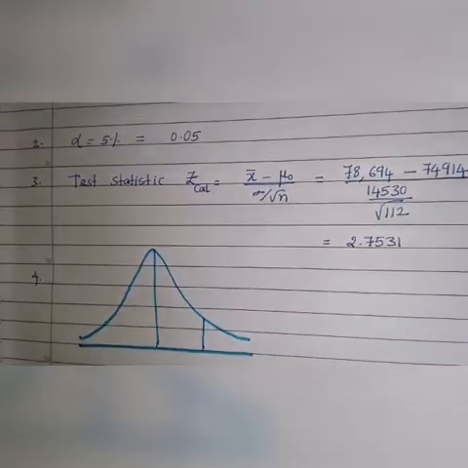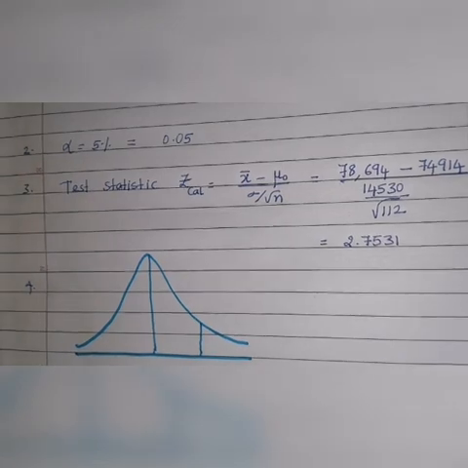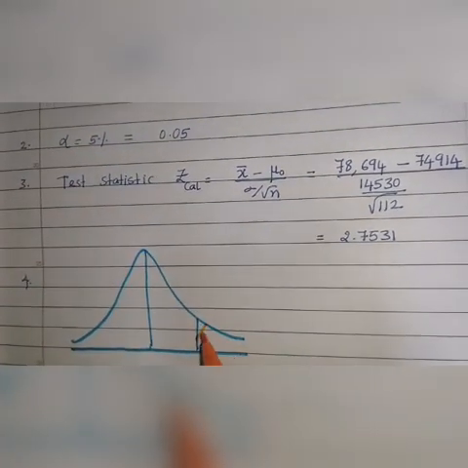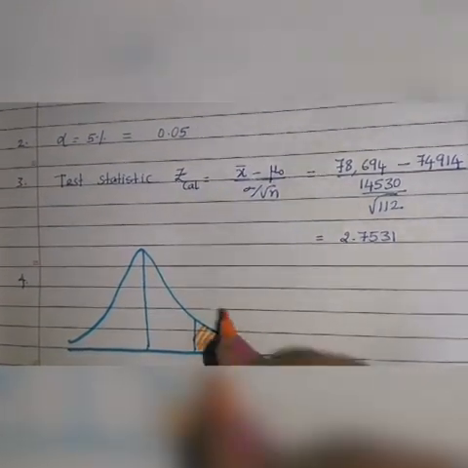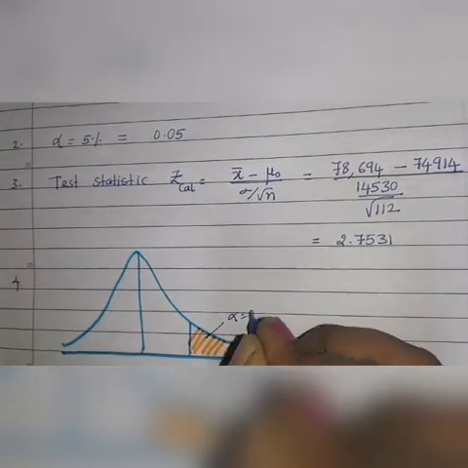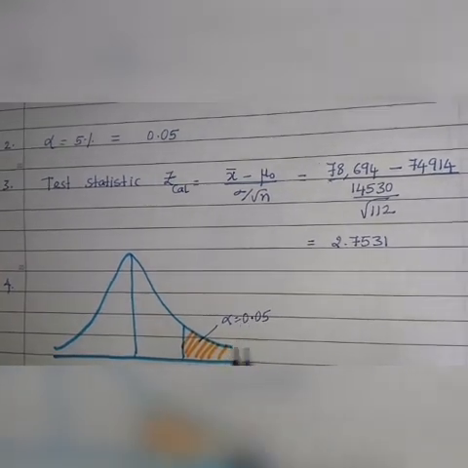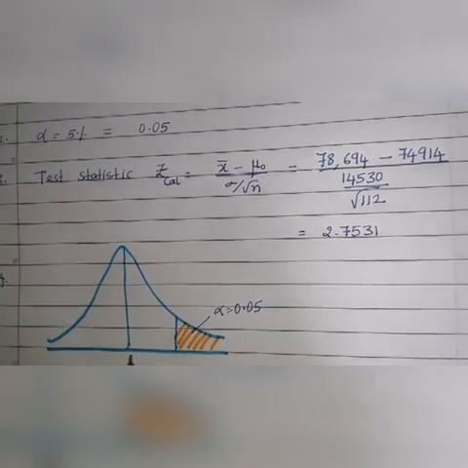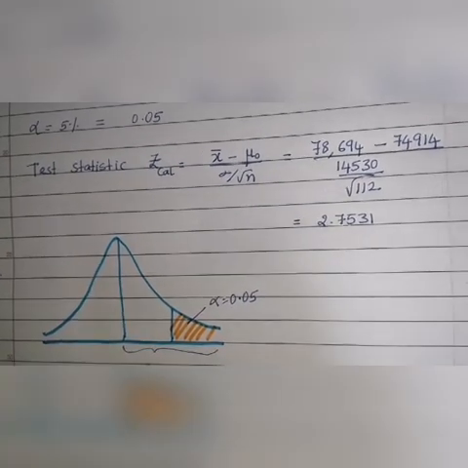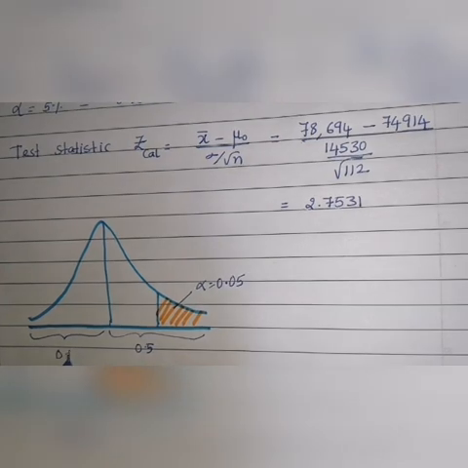Now, level of significance alpha is 0.05. That means the rejection region is 0.05. Alpha is equal to 0.05. So what do we know is that this entire region, the total area, is 0.5.